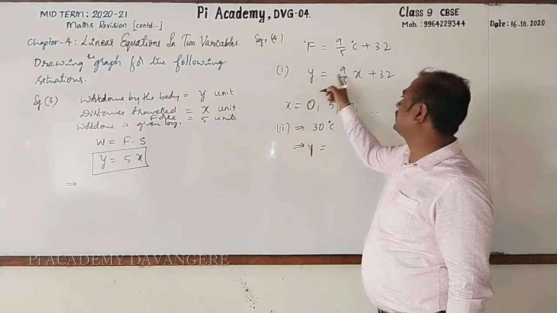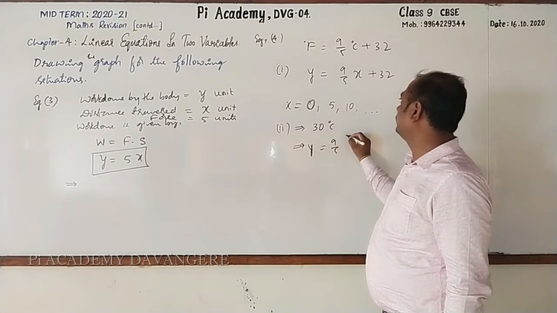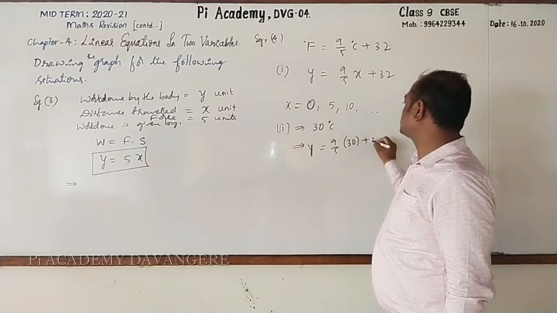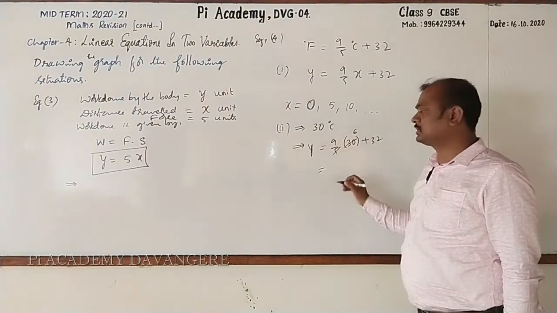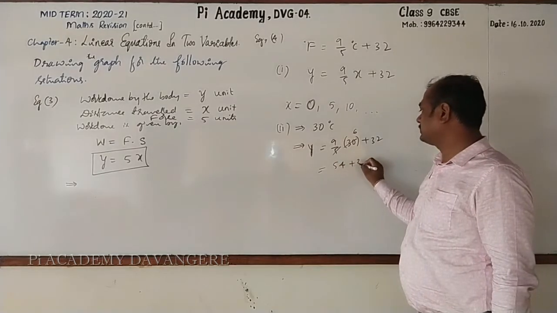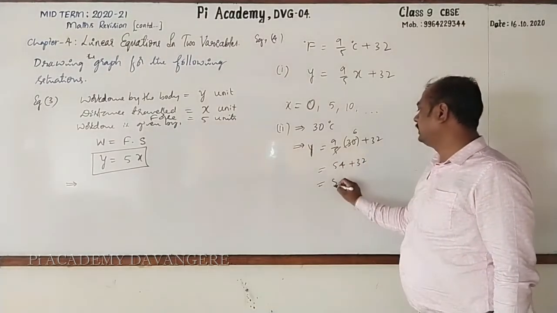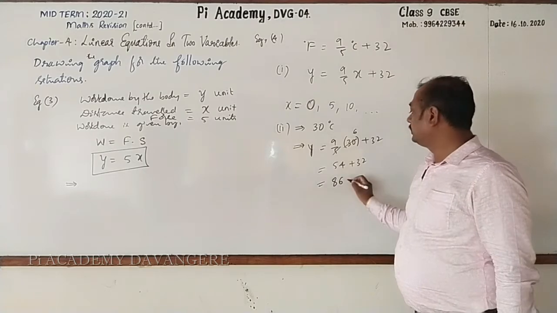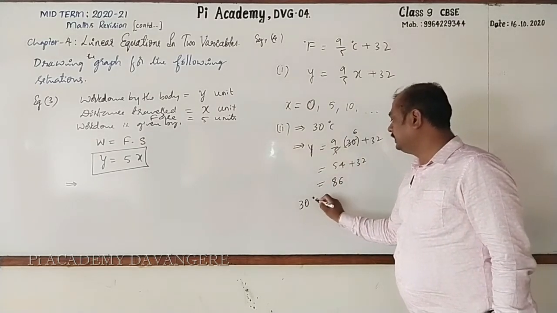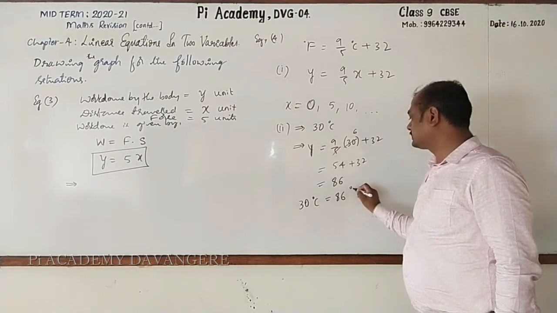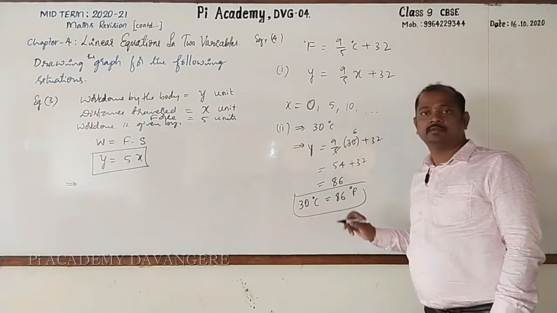It is y is equal to 9 by 5 into 30 plus 32. 6 9s are 54, plus 32 is equal to 86. Then we can write 30 degrees Celsius is equal to 86 degree Fahrenheit.